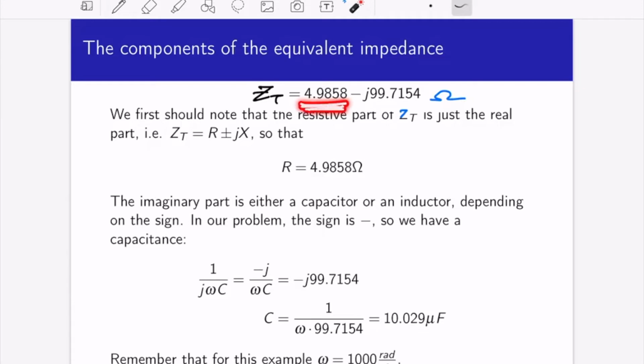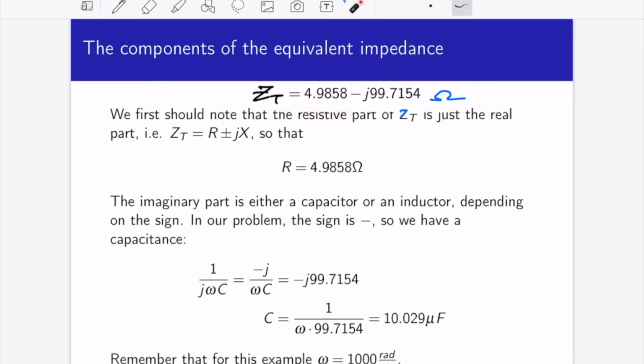If we look at this impedance, we know that it is a resistor in series with either an inductor or a capacitor. Think about what the impedances are and how we add numbers in series. So this will be the resistor. Capacitors and inductors don't have resistance, so this is a pure resistor.